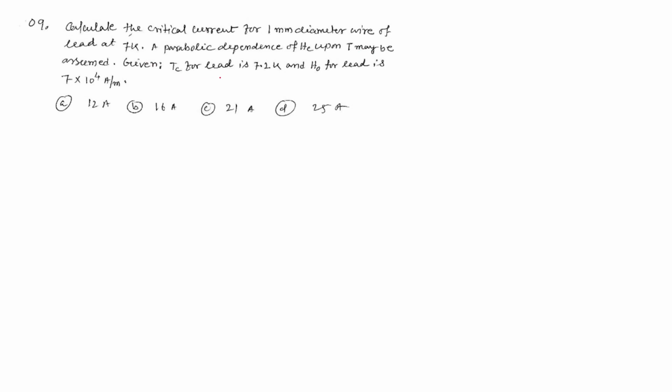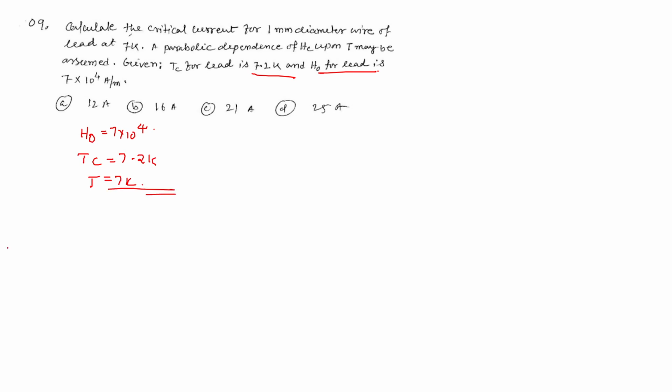Okay, so given Tc for lead is 7.2 Kelvin and the H0 value of lead is 7 into 10 to the power 4, and the T value is given as 7 Kelvin.